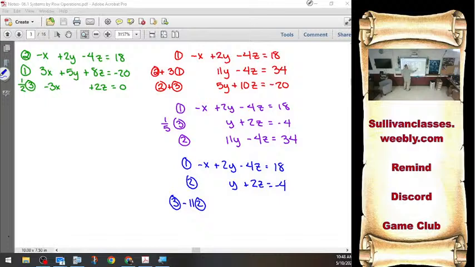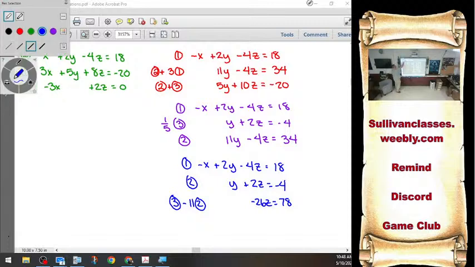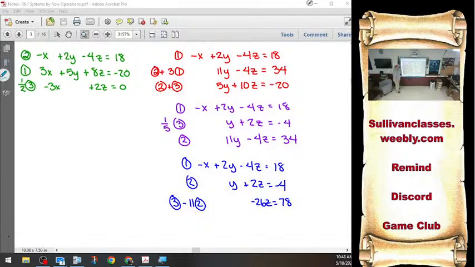Times the negative 11 and add it. Gone. Times the negative 11 is negative 22. And add it. It's negative 26z. Times the negative 11 is 44. And add it is 78. And it looks big and gross until you divide it and get z is negative 3.